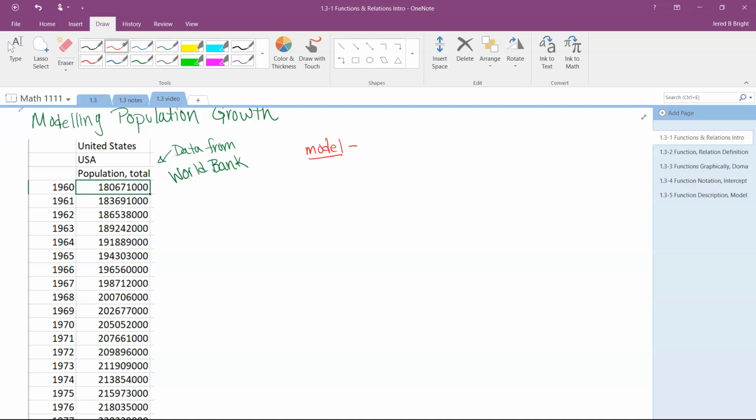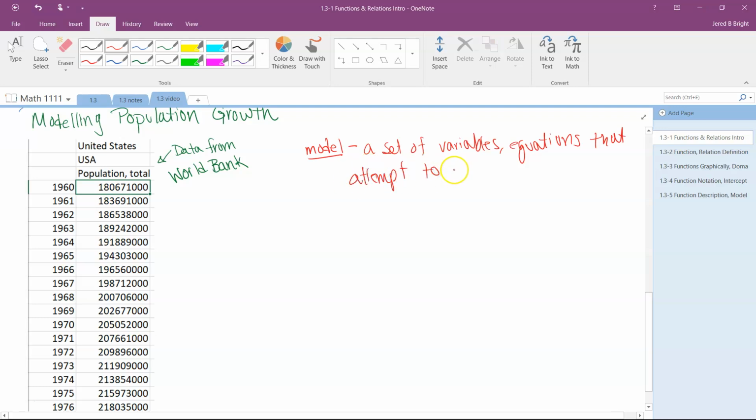And so in mathematics, same sort of idea, we're just going to mathematize it, and we call a model a set of variables and equations that attempt to describe a pattern or relationship among the variables.